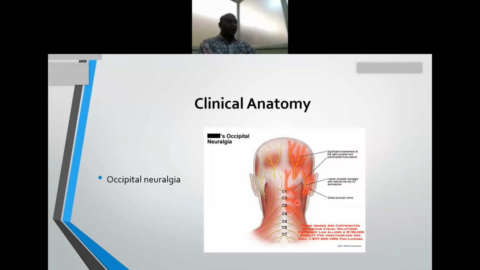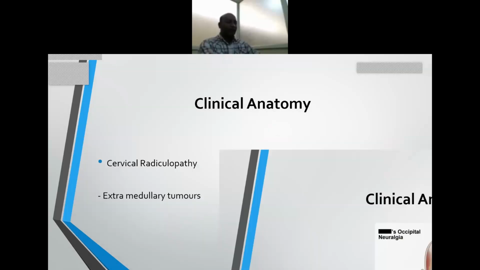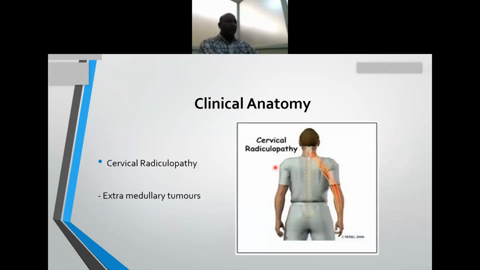When C2, that is the greater occipital nerve, gets compressed somehow, or the lesser occipital nerve also can get compressed, that leads to radicular pain in the posterior part of the neck and the head. Cervical radiculopathy: most of the nerves in the brachial plexus are derived from the cervical spinal nerves.